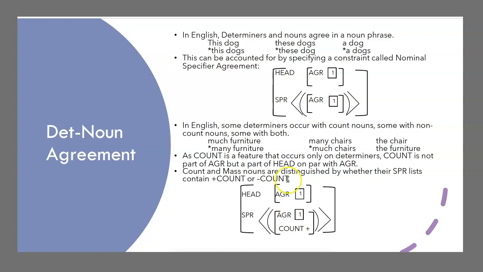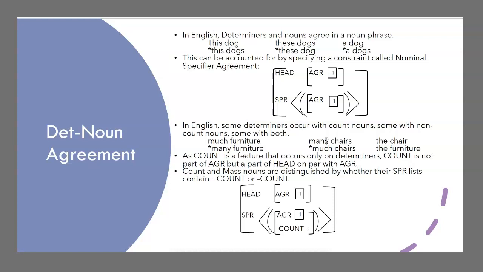What can be a count plus specifier? Much or many. Many is the count plus specifier. So if you are writing a lexical item for many, then you will have count plus in its head value, and AGR in its value, right?